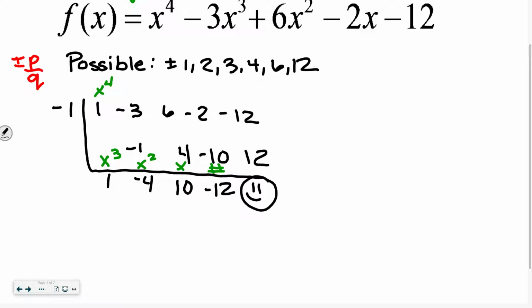Do you know how to factor things that have 4 terms? Factor by grouping. So you might think, what if I group these two together? It would be x cubed minus 4x squared, so I could take out an x squared and I'm left with x minus 4. What if I group these two together, 10x minus 12? I could take out a 2, but that's 5x minus 6, and Grace is saying that's not going to match, so you can't factor.